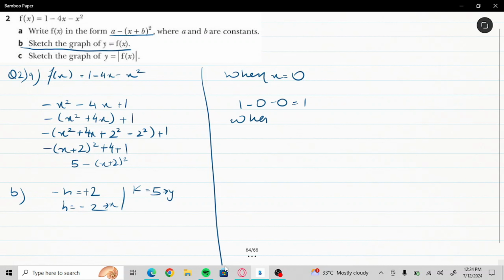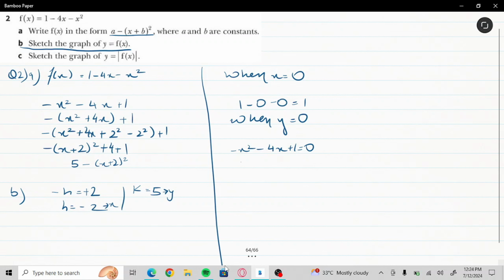Similarly, when y is equal to 0, we are going to get 2 x values, as this is a parabola of a quadratic equation. So when y is equal to 0, negative x squared, negative 4x plus 1 is equal to 0.